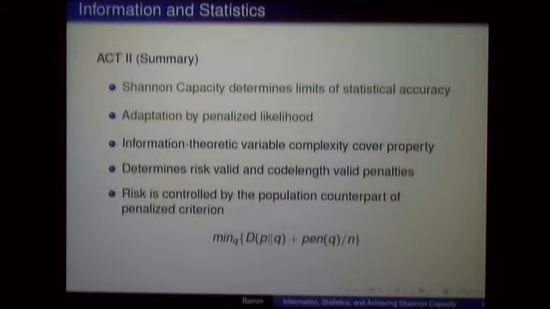And the risk is controlled by this trade-off between Kullback approximation and penalty relative to n, but only for those penalties, at least as shown here, that have a variable complexity, variable cover condition verified for them. So that's the summary of Act 2.